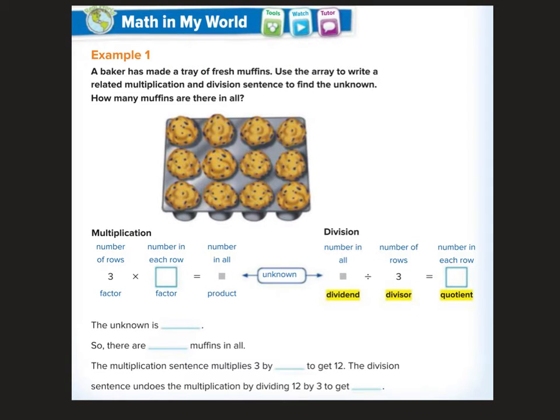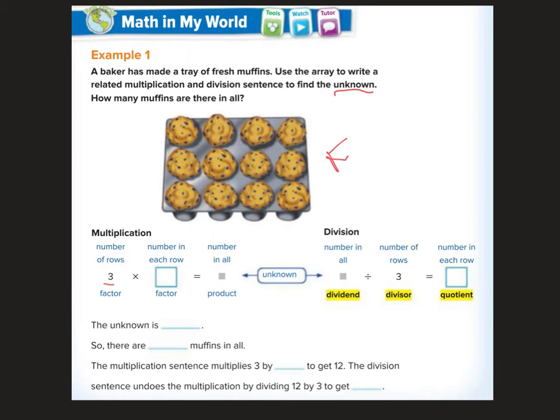Example 1. A baker has made a tray of fresh muffins. Use the array to write a related multiplication and division sentence to find the unknown. How many muffins are there in all? I can do a multiplication sentence. When we hear array, we think multiplication.